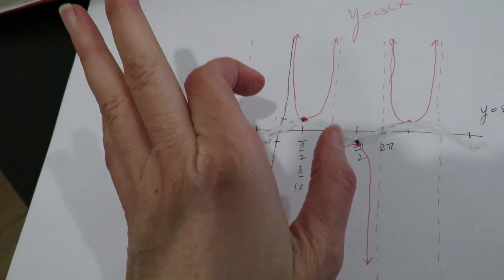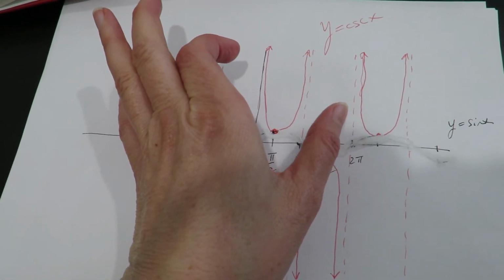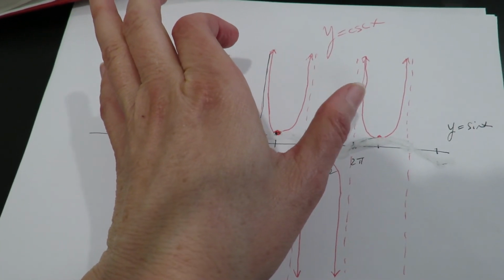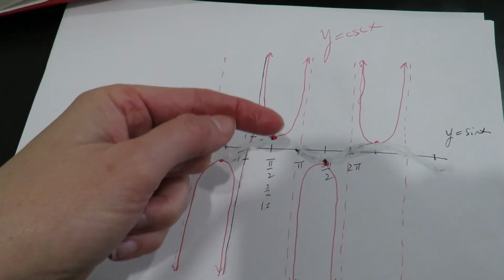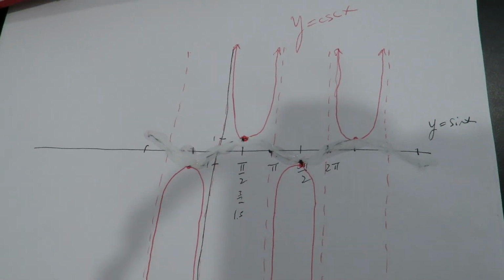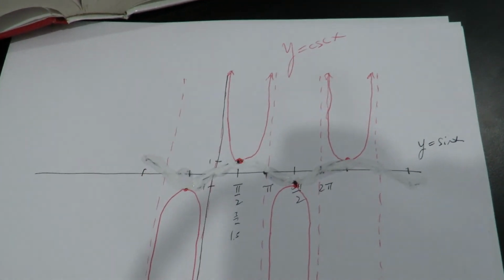The first thing it does is it tells you how wide the parabola is, because we can figure out where the asymptotes are based on the sine function. And it tells how far the parabolas are pushed off from the axis or from each other, in an up-down perspective.